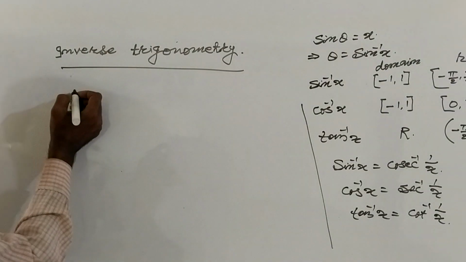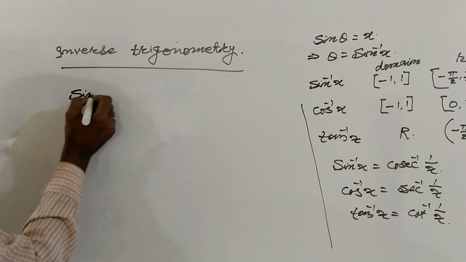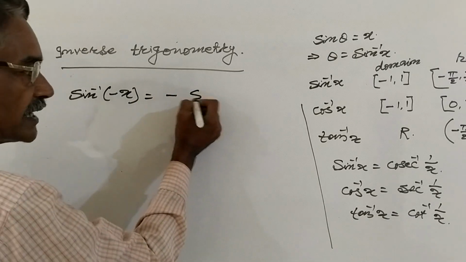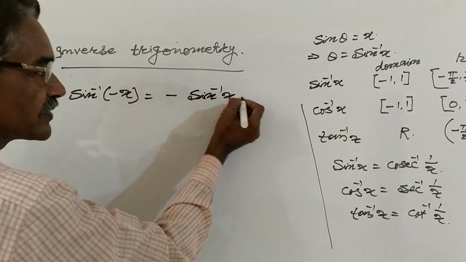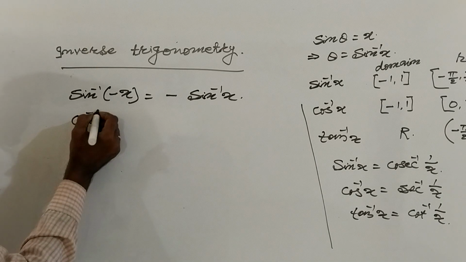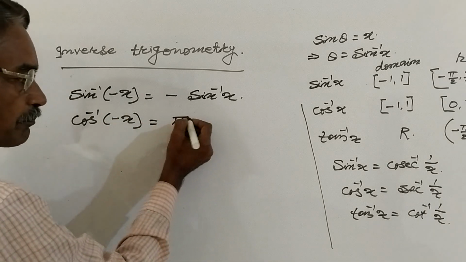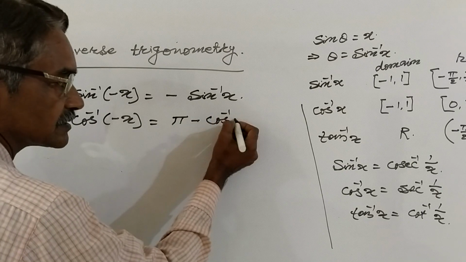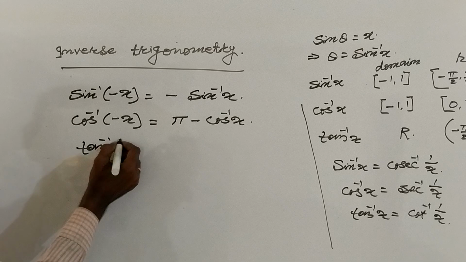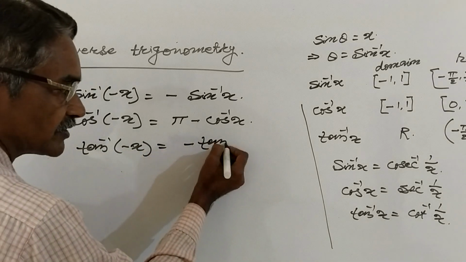Now, another thing, sin inverse minus x can be written as minus sin inverse x. Cos inverse minus x will be written as pi minus cos inverse x. Tan inverse minus x will be written as minus tan inverse x.